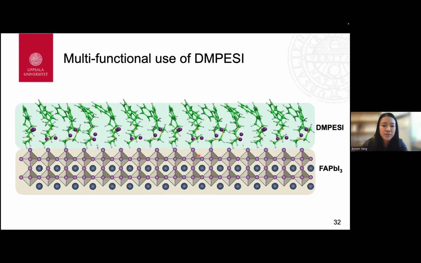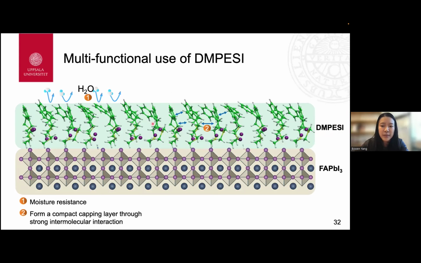As we proved earlier, post-treatment with the sulfonium salt can enhance moisture resistance at the perovskite surface, and it can form a compact capping layer through the intermolecular interaction between formamidinium lead iodide and DMPSI. And it can also passivate the perovskite defects. So this results in better quality and stability of the perovskite film.